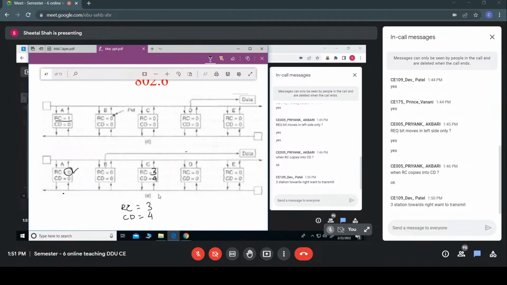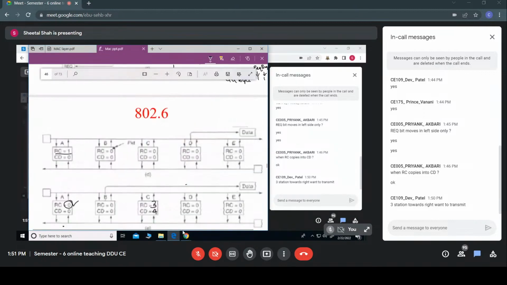Three stations towards the right want to transmit. CD is equal to 4. When RC value is copied to CD, that means before myself there are 4 stations which have already sent a request. Is it clear?